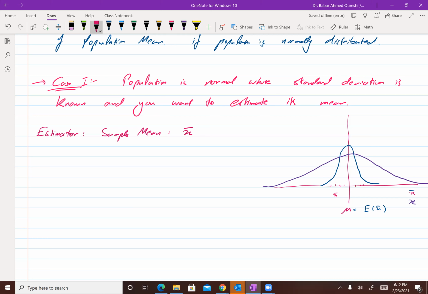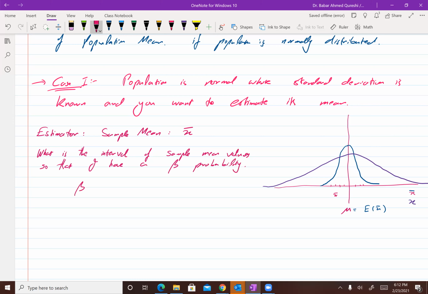So for example, I can ask, what is the interval of sample mean values so that I have a certain, let's say, beta probability?